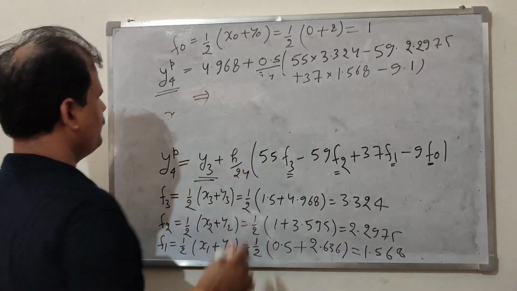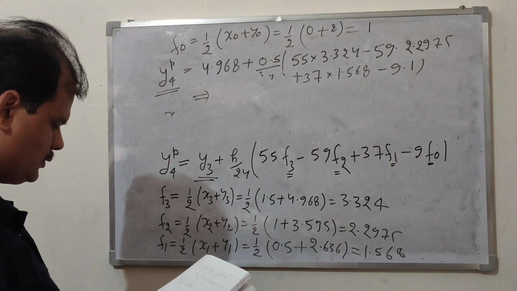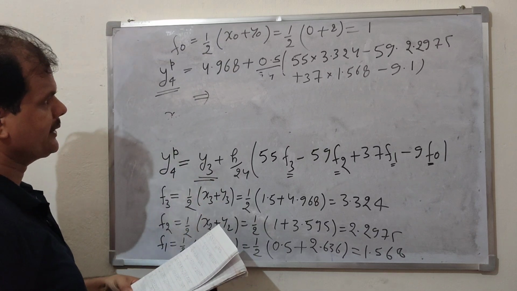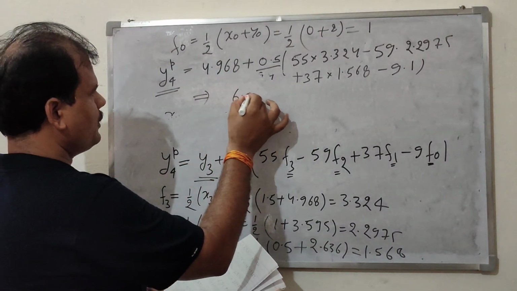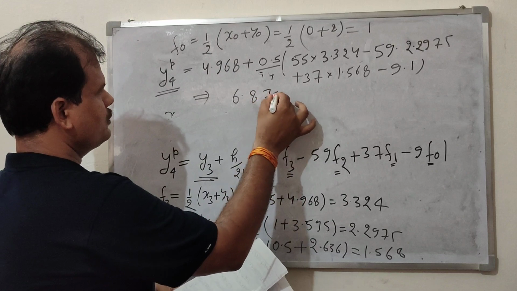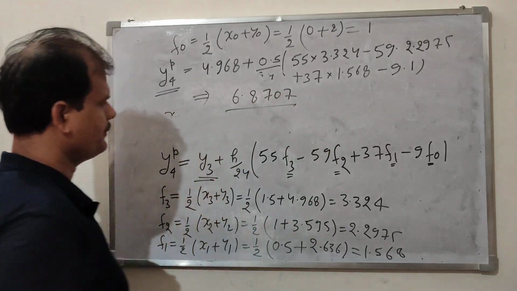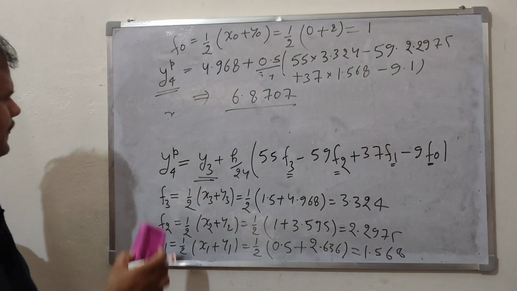If you simplify, we get 6.8707. So this is your y4 predictor value.